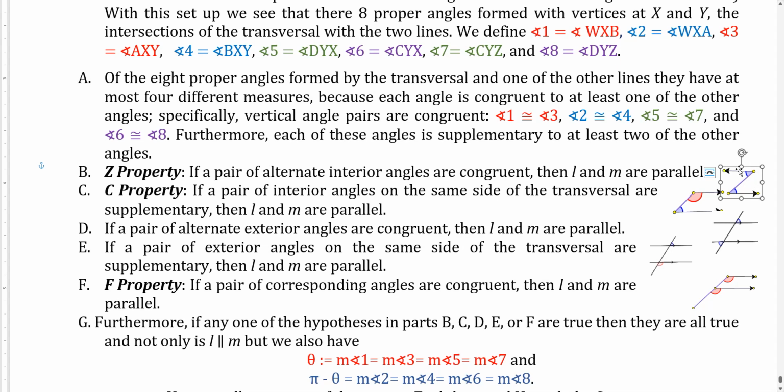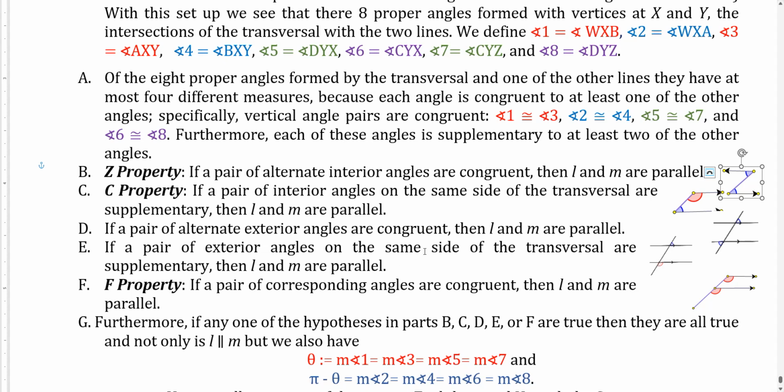Now this Z may be upside down and maybe reflected, but it's a basic letter Z, and what we're looking at is a pair of alternate interior angles. And so the Z property in neutral geometry, this works in hyperbolic as well as Euclidean geometry, says if we have a pair of congruent alternate interior angles, then the two lines have to be parallel.